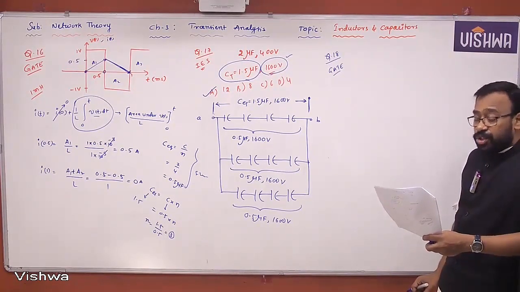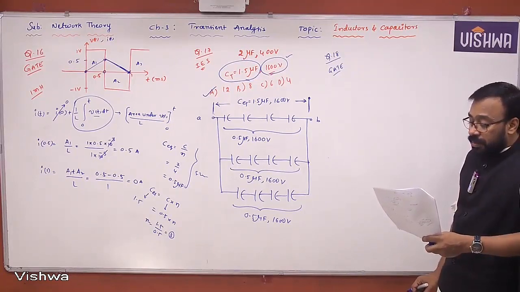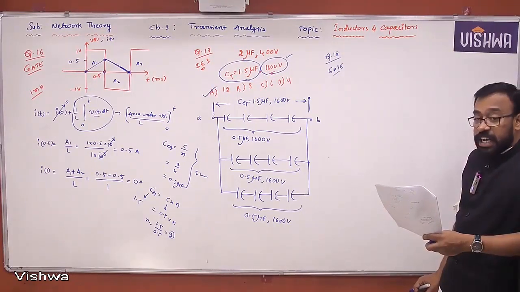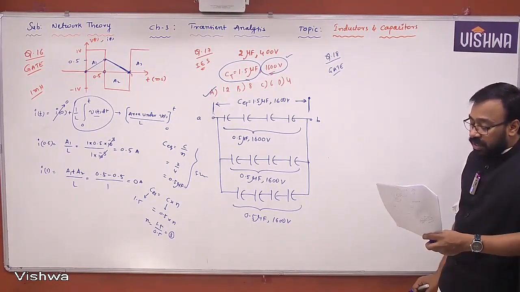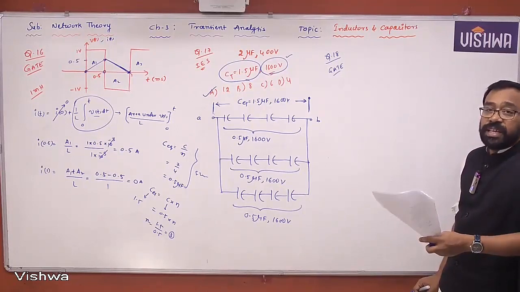For the interconnection shown, the maximum safe voltage in volts that can be applied across the combination and the corresponding total charge in microcoulomb stored in the effective capacitance across the terminals are, respectively.